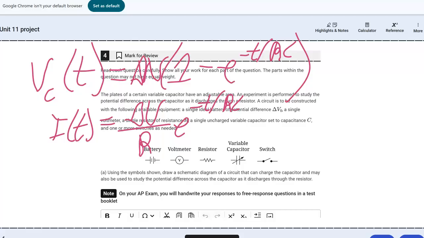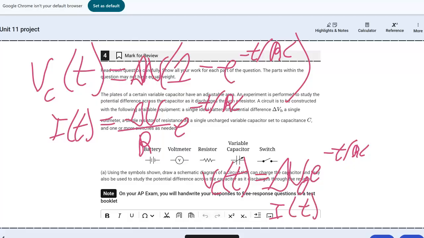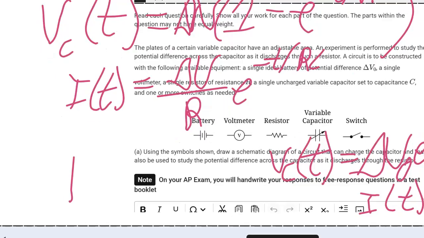So that'd be charging, and when it's discharging, you get V_C of t, and then I of t. And then our time constant.